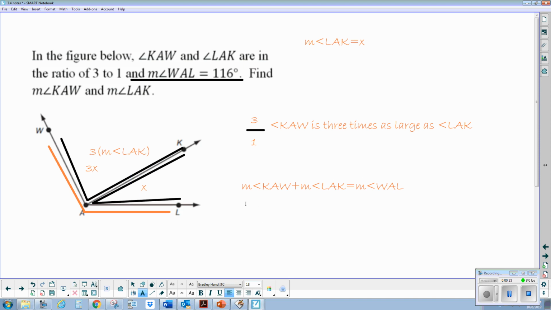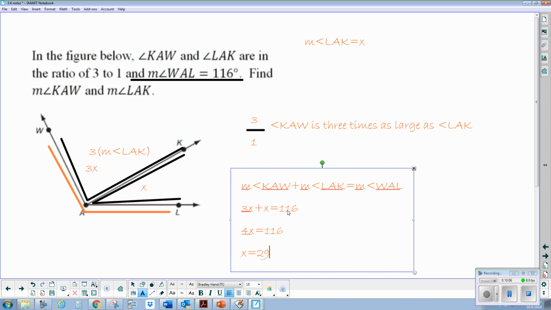Now I can substitute the variables and values that I have. KAW right here is 3x. LAK is just x, and together that equals 116 degrees. Or 4x equals 116 degrees, by combining my like terms. Then I can divide 116 by 4, and I get x equals 29.